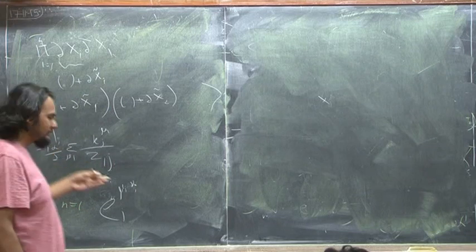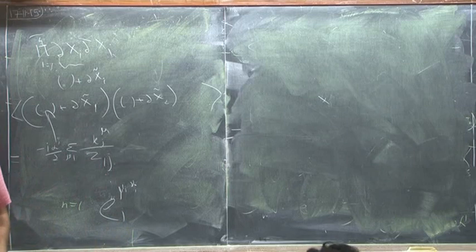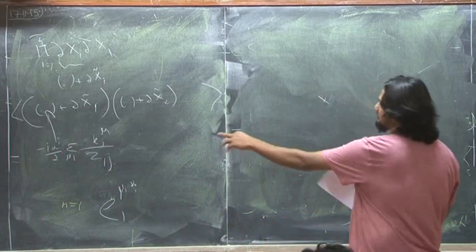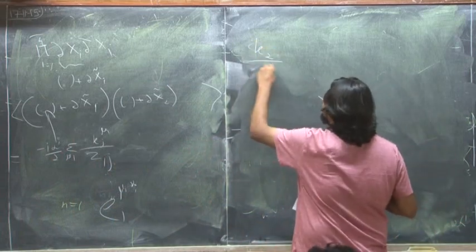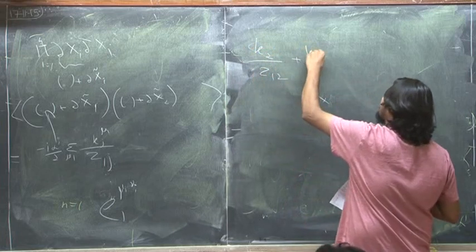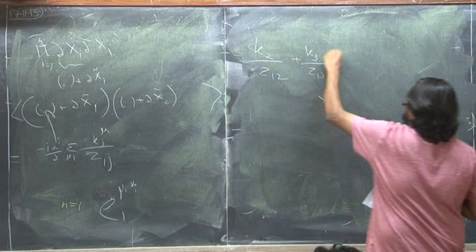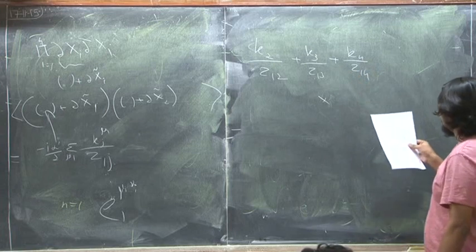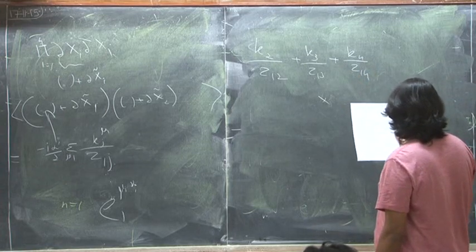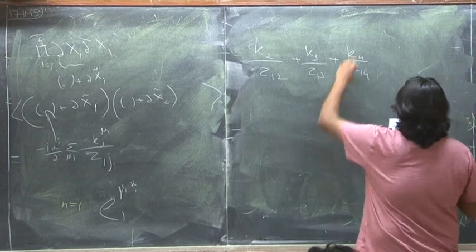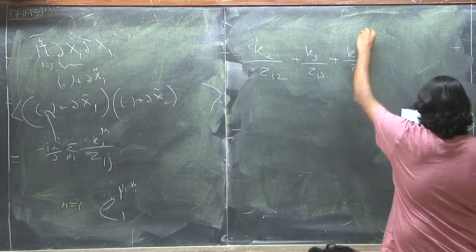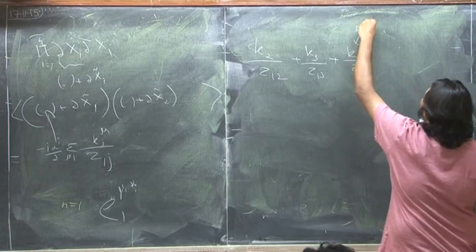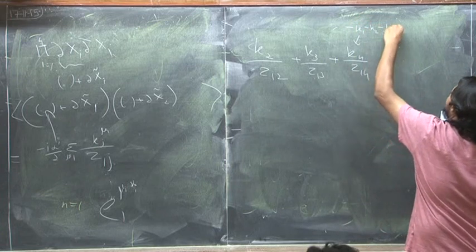So let's simplify this first, because that makes things very democratic. Let's look at it for this guy. You have K2 by Z12 plus K3 by Z13 plus K4 by Z14. Now I'm going to write K4 as minus K1 minus K2 minus K3.